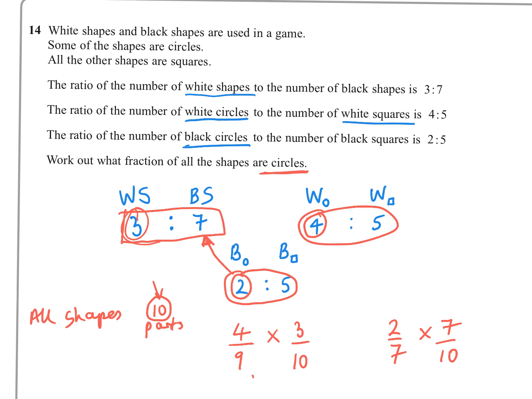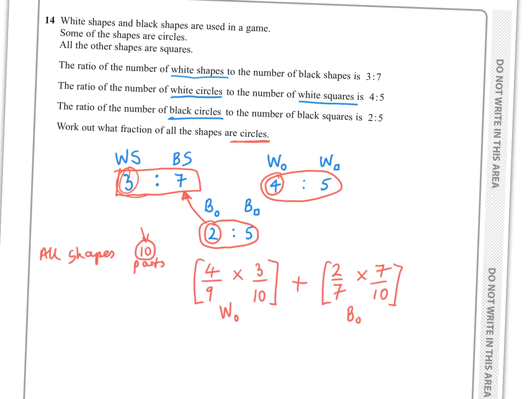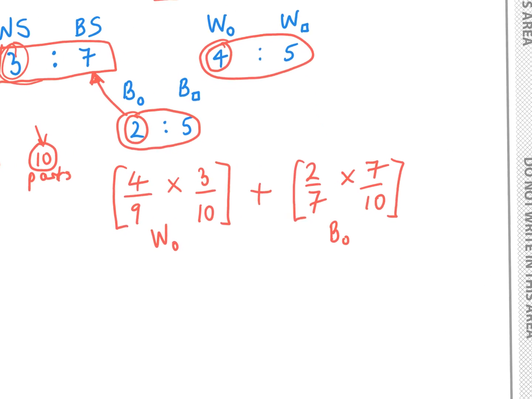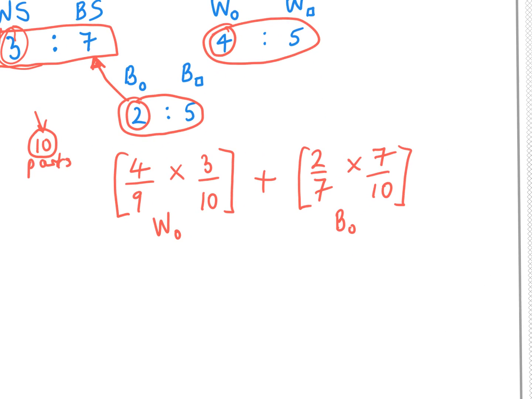So this was white circles, this is black circles. So all we need to now look at is, what do these work out to be? And once we've worked them out, if we add these together, that will give us the fraction overall of how many of the shapes are circles. So let's look in detail at how to cancel that down. We don't have a calculator for this paper, so we need to be careful.